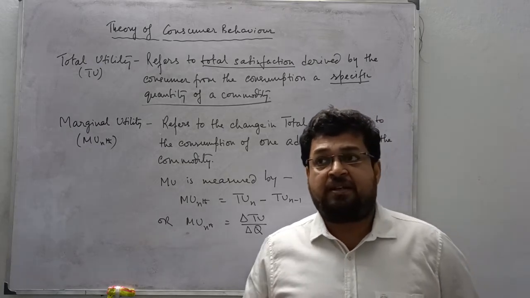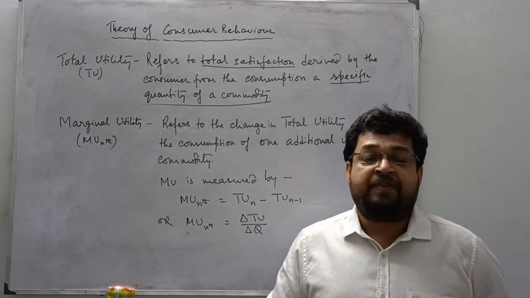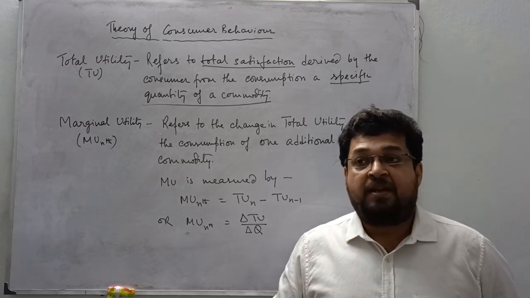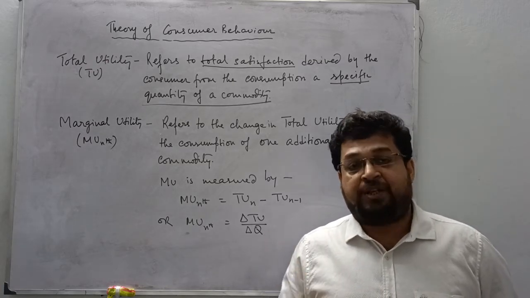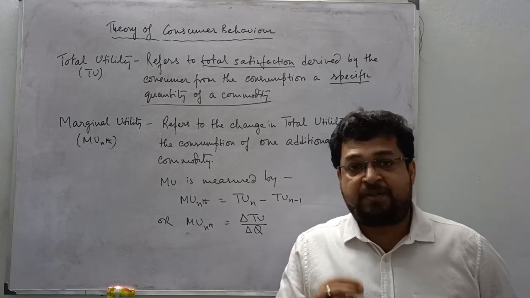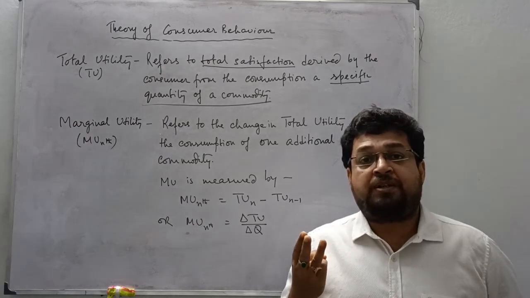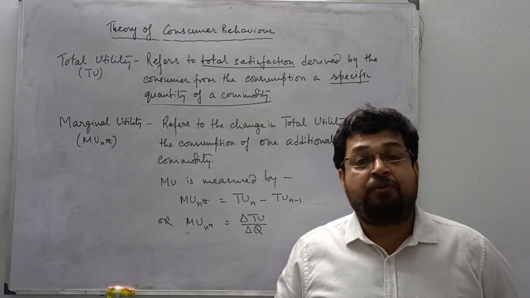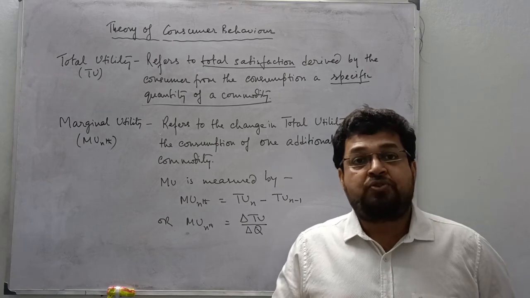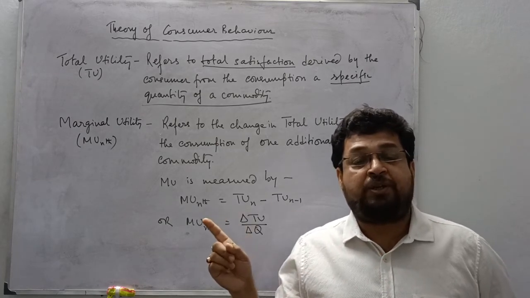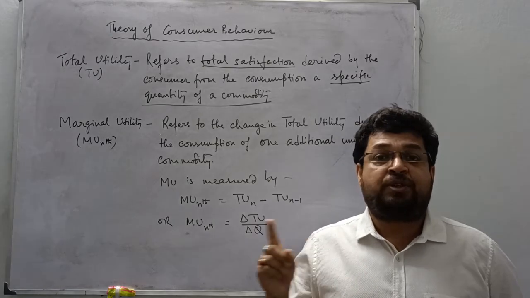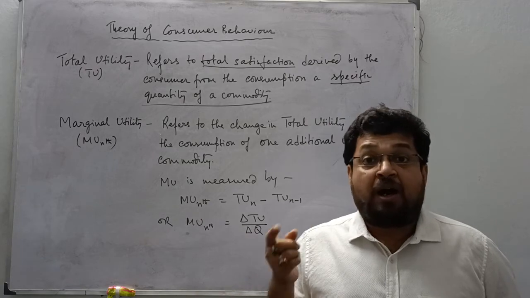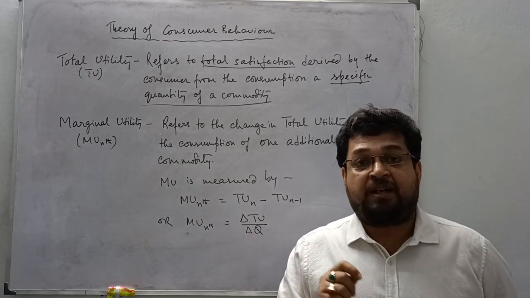So if by having 2 units of a commodity, the total satisfaction derived is 10 utils. Now, I consume the third unit, and by consuming 3 units, the total utility derived is 14 utils. So 2 units gave a total utility of 10, and 3 units, the total utility becomes 14. Therefore, how much extra satisfaction has the third unit given me?